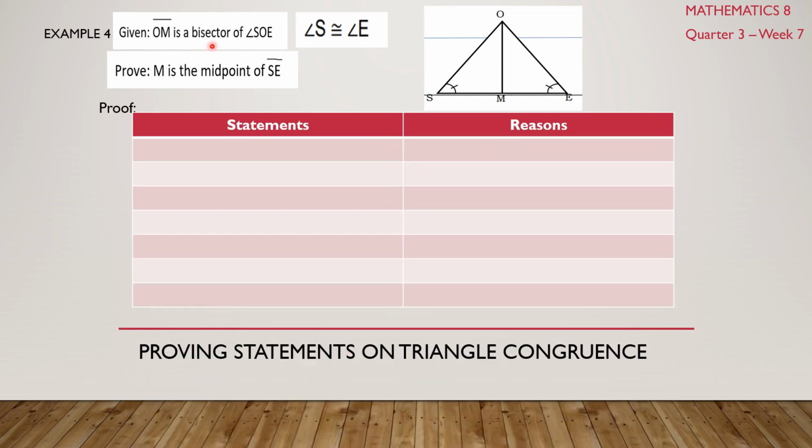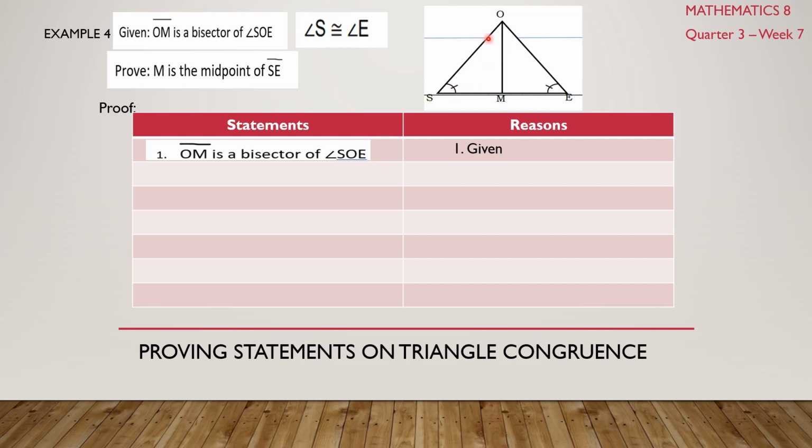So, first statement, OM is a bisector of angle SOE. Our reason is given. Next, since segment OM is an angle bisector, therefore, we can have two congruent angles. Ano yung two congruent angles natin?